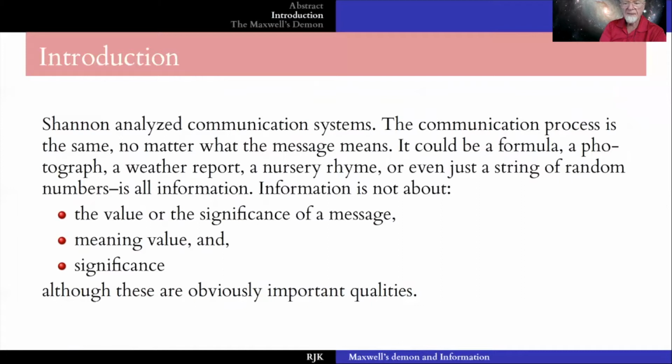The communication process is the same no matter what the message means. So it could be a formula, a photograph, a weather report, a nursery rhyme, or just a string of random numbers. Any of those things is all information.